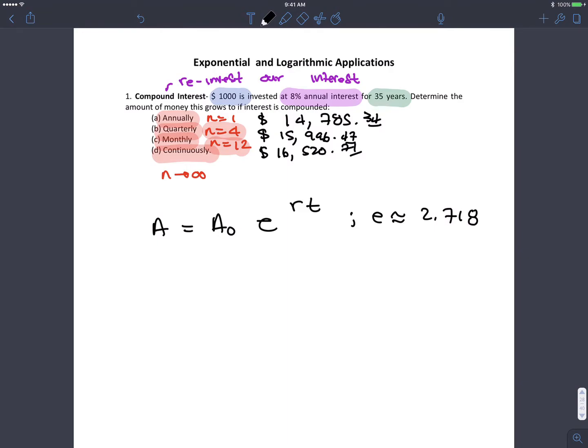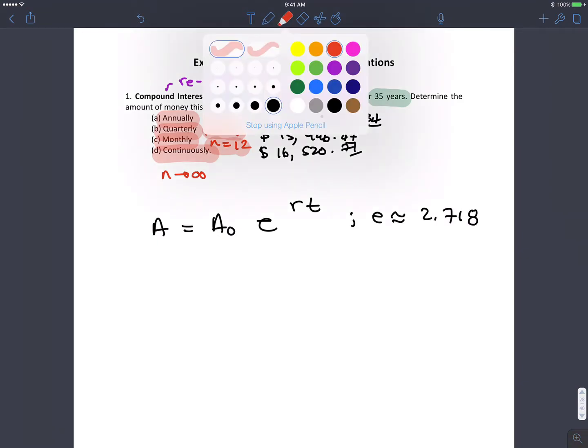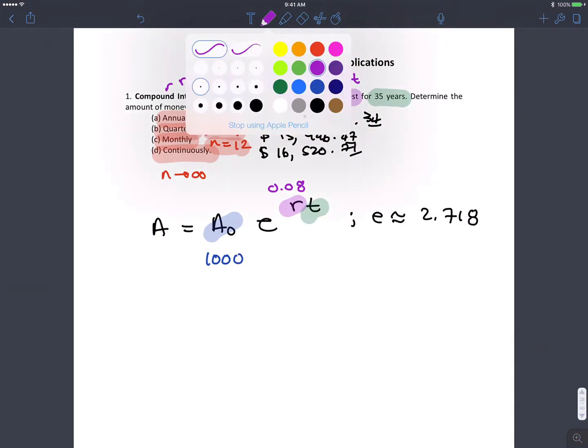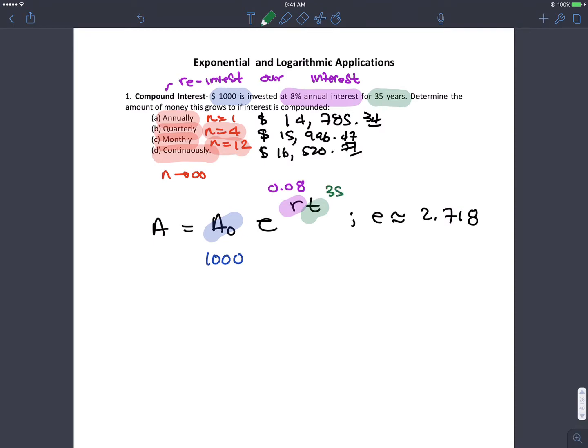Notice again, A naught is where we place our $1,000 investment. R, the interest rate, the 8%, goes here, and we write it as a decimal. 8% is 0.08. Our time still is 35 years.